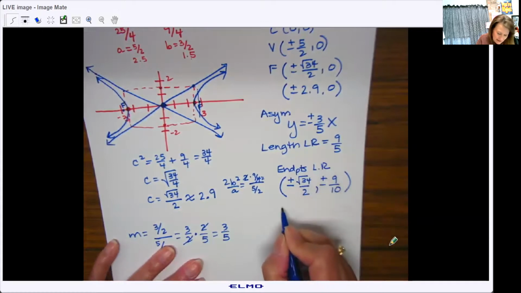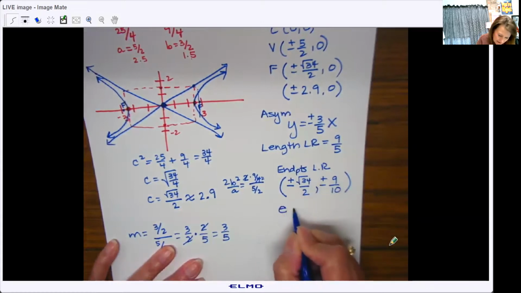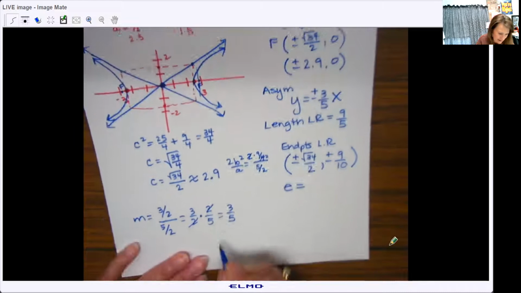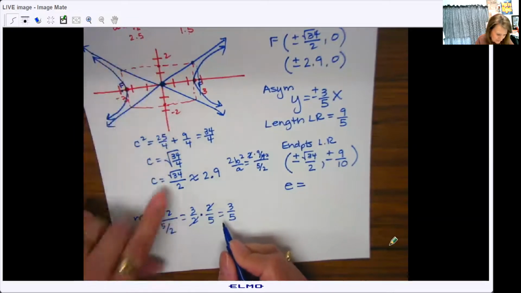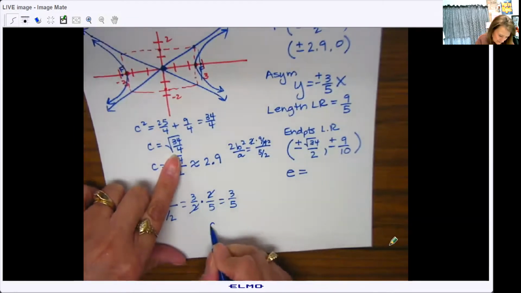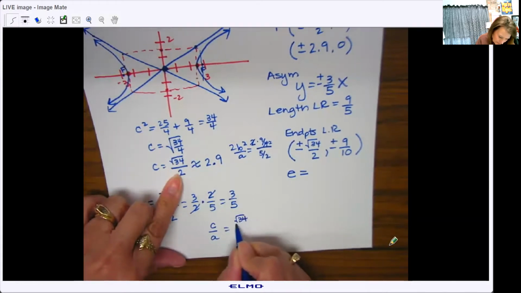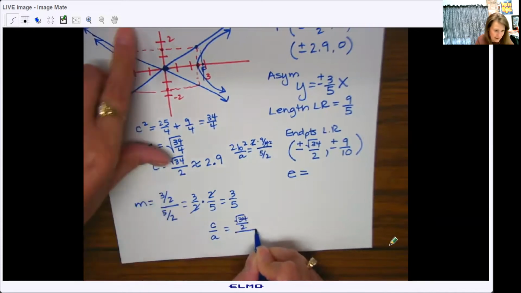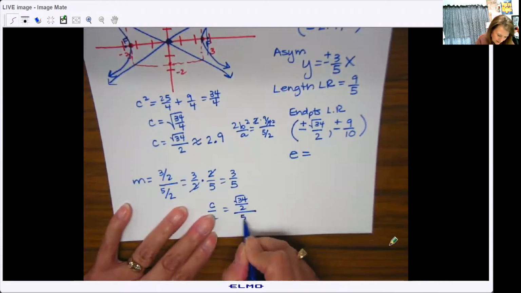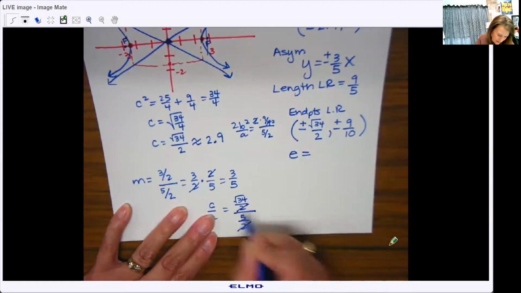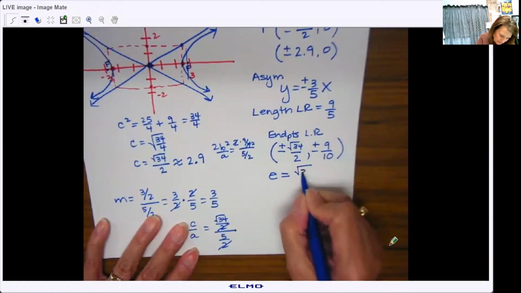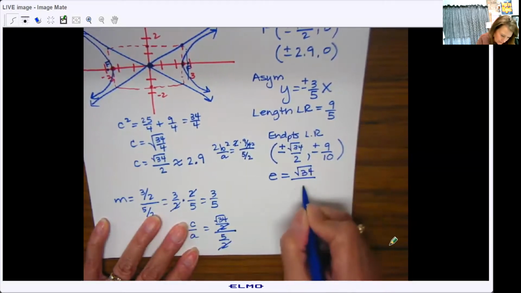I think the last thing we need to discuss is the eccentricity, and that's C over A. C over A would be the square root of 34 over 2 divided by A, which is 5 over 2. Actually, those 2's cancel and we get the square root of 34 over 5.